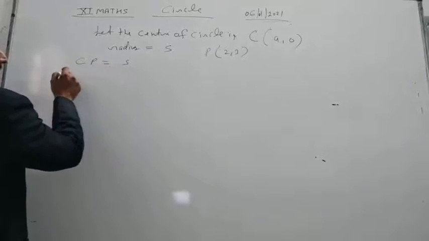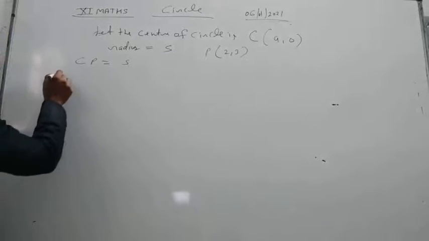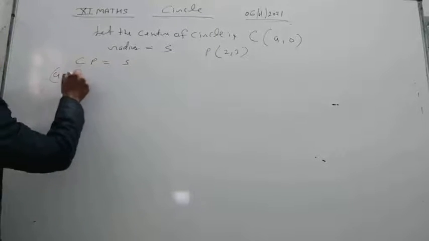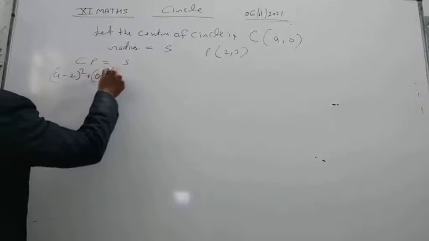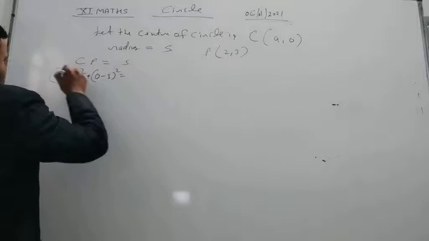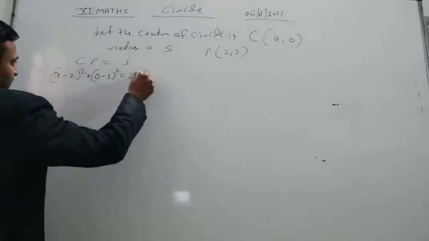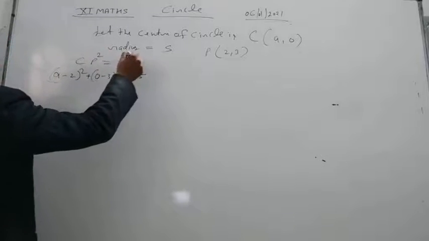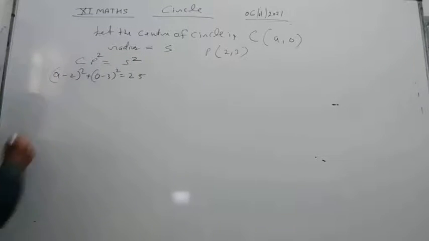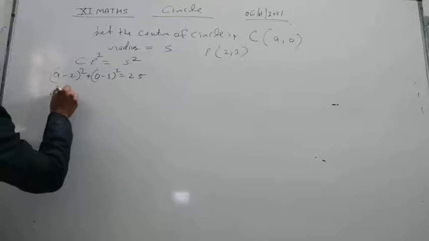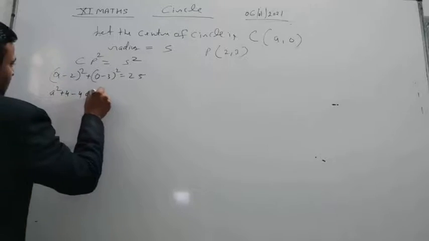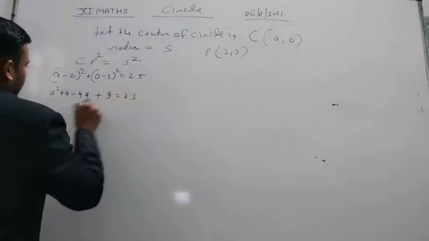So we will find the distance between two points: (a minus 2) whole square plus (0 minus 3) whole square is equal to 25. This is the distance square and 5 square. So it will be a square plus 4 minus 4a, and this 9, is equal to 25.